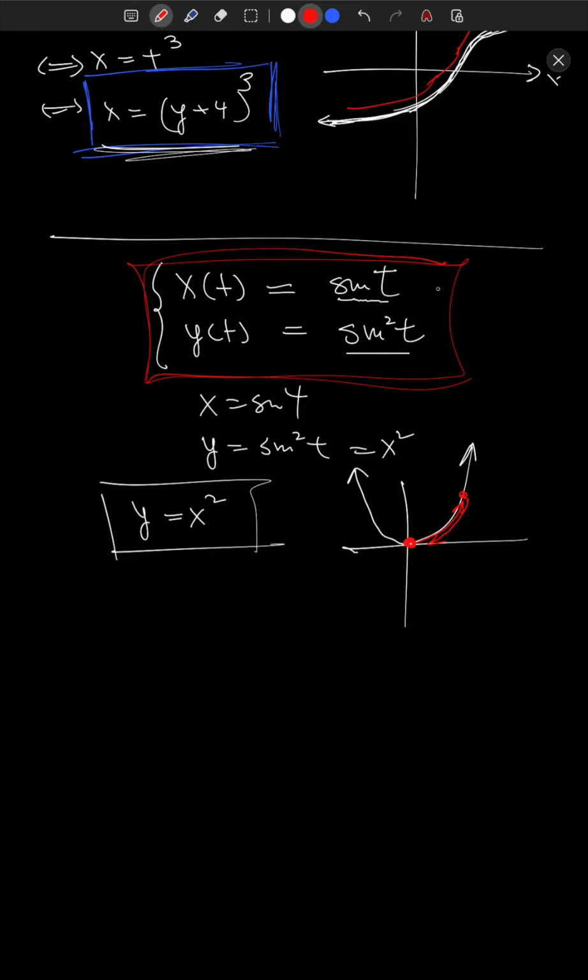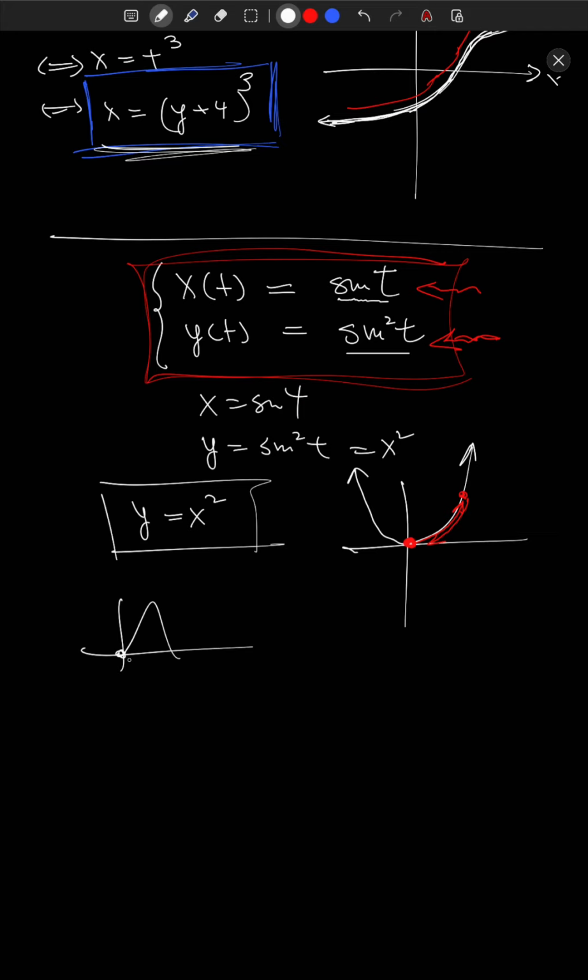And the reason behind this is because sine t is periodic. So when you follow the instructions here, sine will oscillate, right? So you're going to be going from sine of t equals 0 to sine of t equals 1. Let me actually draw the picture for sine. Sine looks like that.